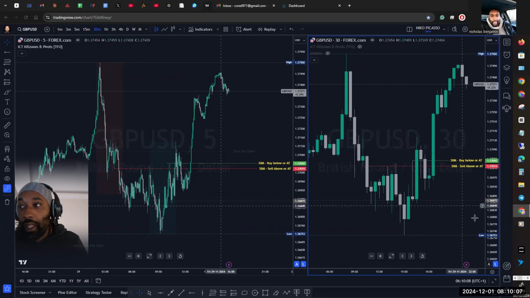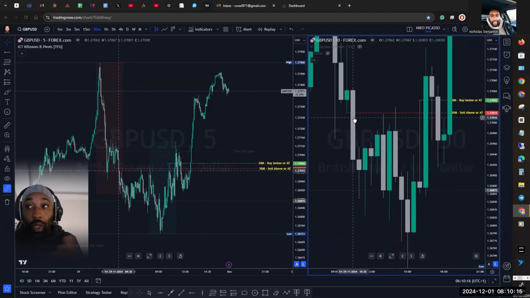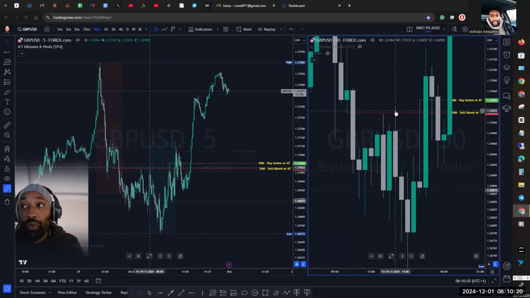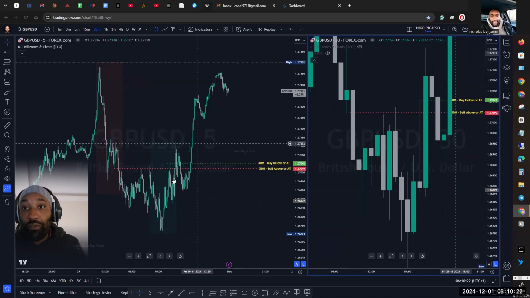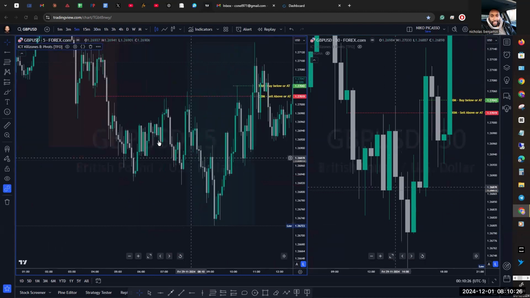And as you can see, this candle right here, the candle body breaks and closes below the previous candle low. So the short-term bias, as we are on a 30-minute time frame, will be bearish when the price returns to retest this location. Here on the 5-minute time frame is the same location. As we can see right here, the price comes and retests and provides a nice selling opportunity.